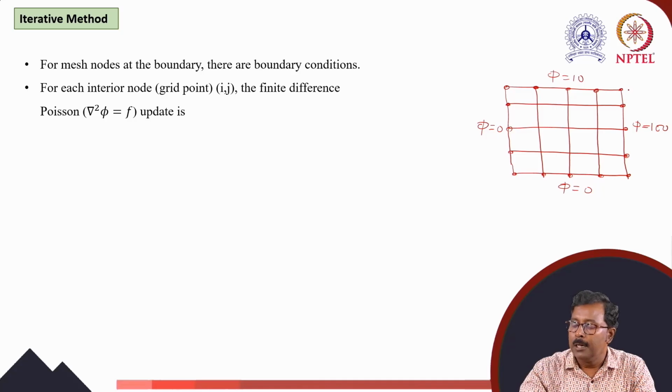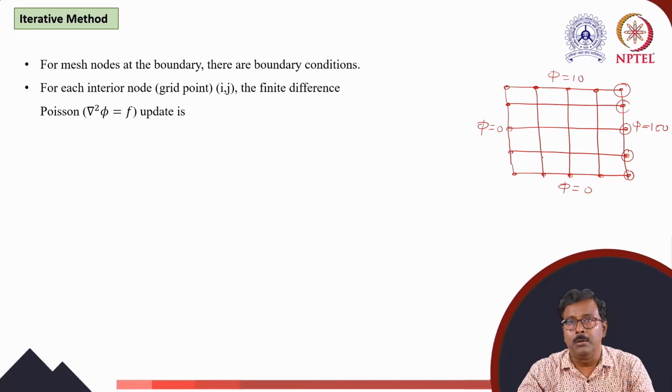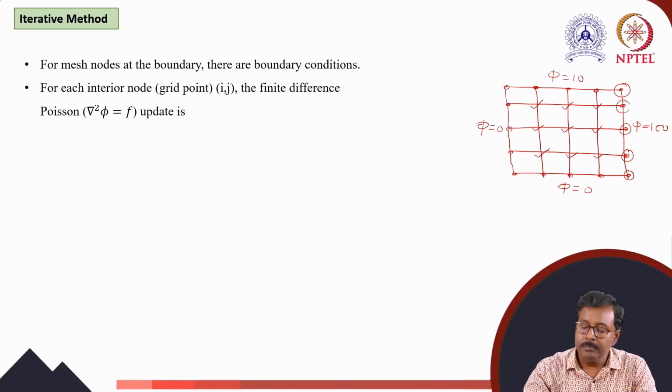Suppose in that case, the node values here, here, here, and these 5 node values have the value 100 from the boundary condition, but other surfaces may be 0. This may be a particular boundary condition. But what are the interior nodes? These are the interior nodes. For these interior nodes, you have to have an initial guess.